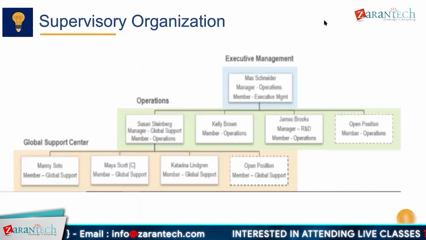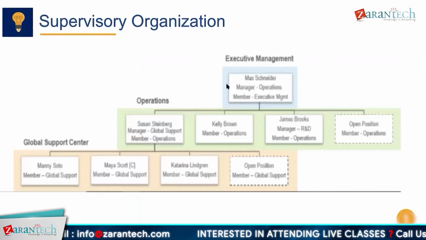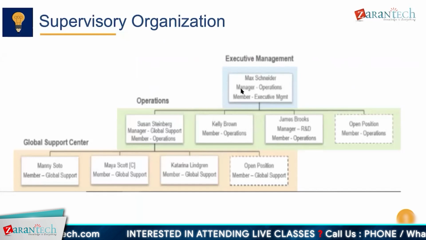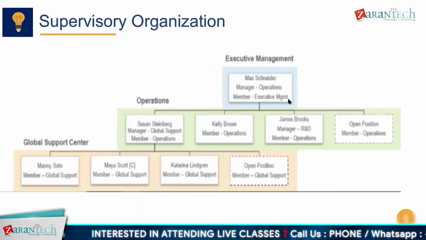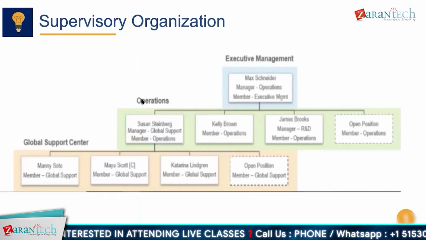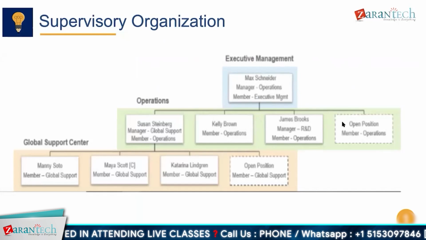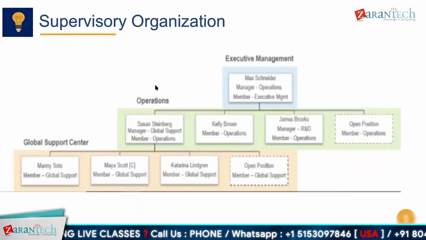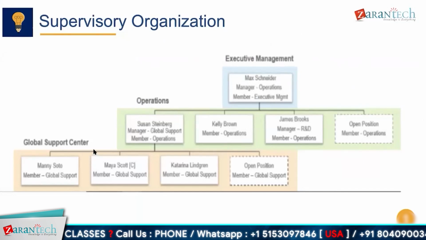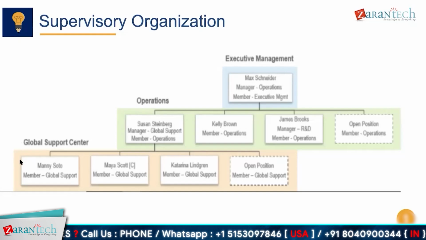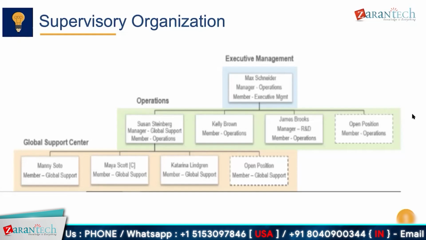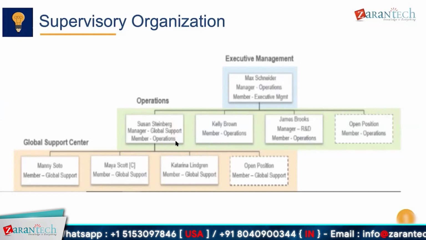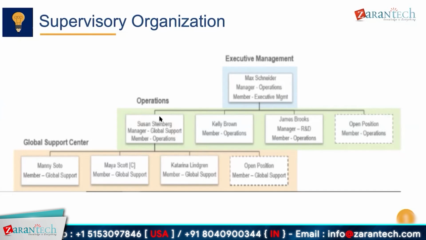So let's say this is a top level, so executive management. That's one example. Member of executive management. Then there is an operations layer. There are different people. So executive management is one supervisory, operations is another supervisory, and then global support center is another supervisory. So there are different positions, there are different people or members of that specific supervisory organization.